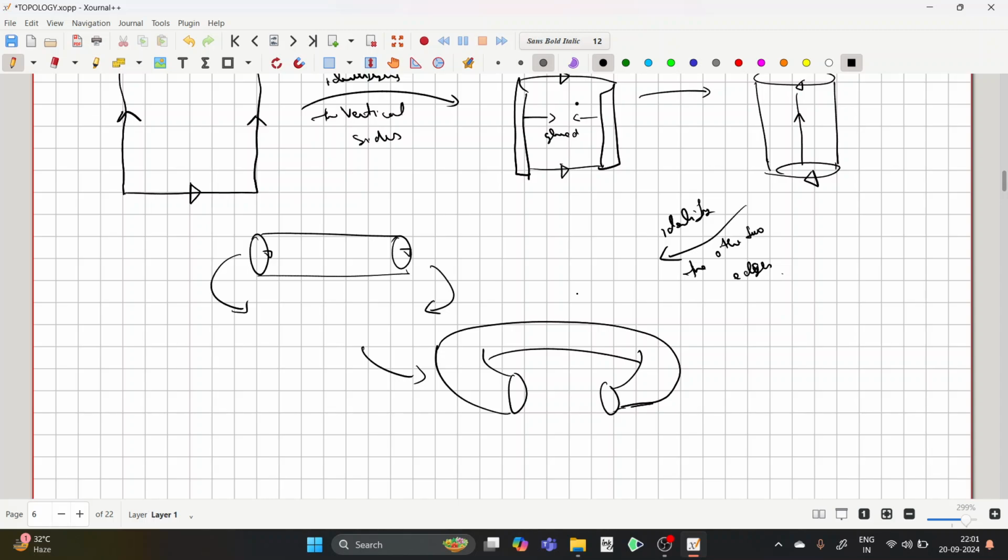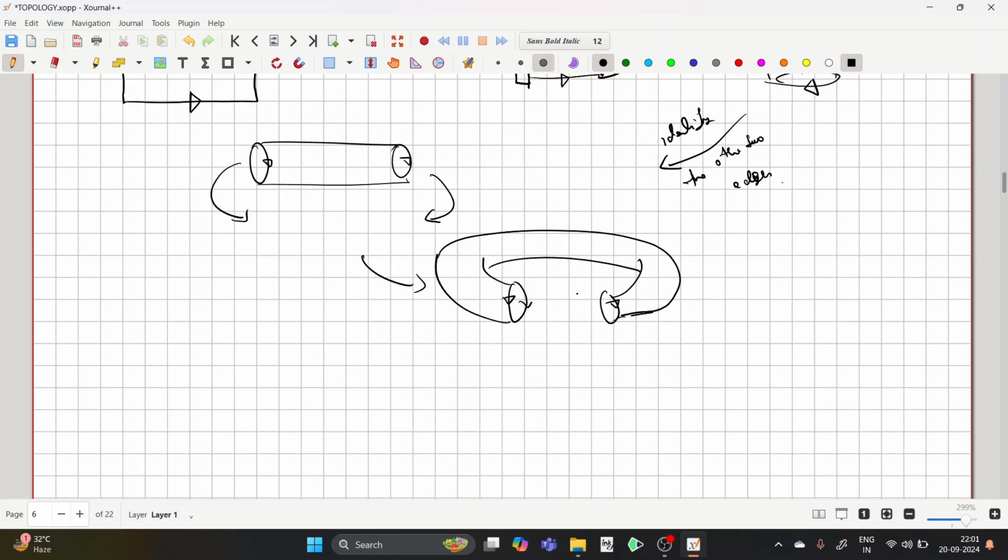Okay. So I have these arrows here. Let these be given like this. Both are in the same direction. And then we identify them. If I join these two parts, I want to glue these parts together.